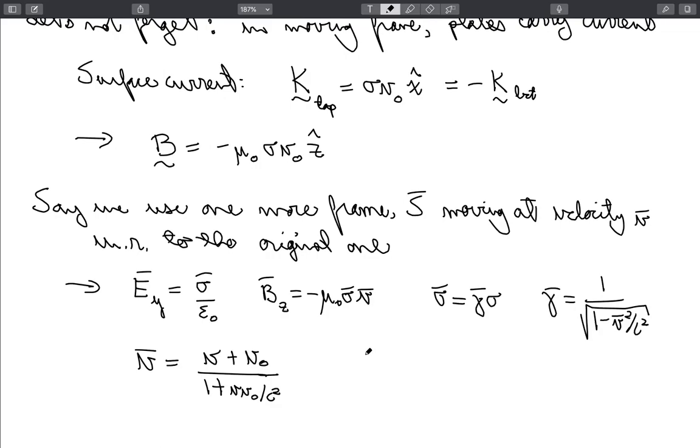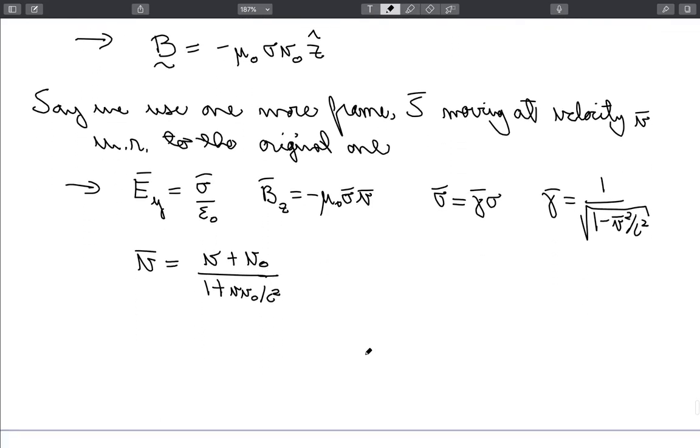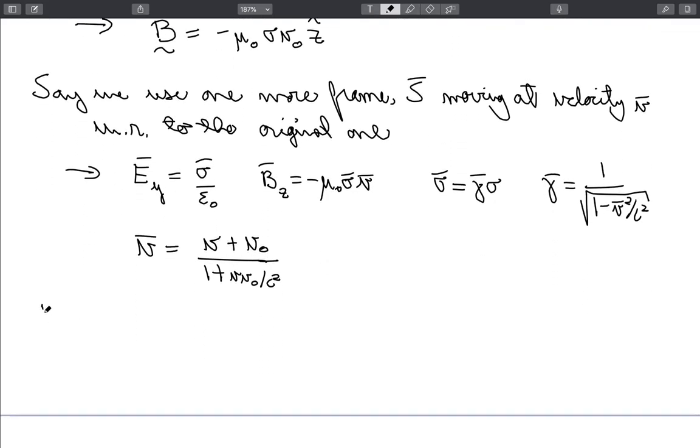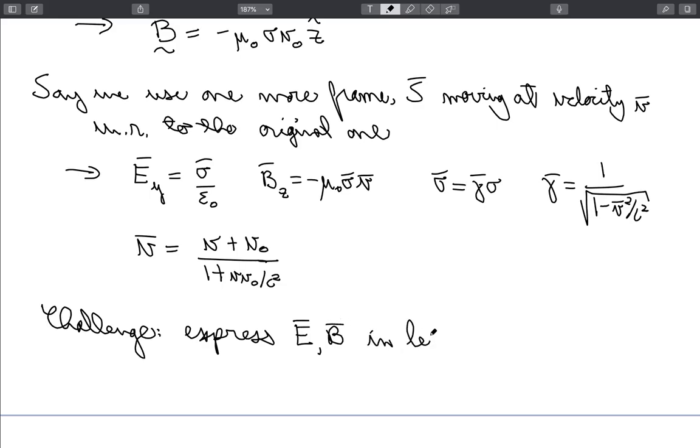So now the challenge is to express E bar and B bar in terms of things only in the original moving frame.